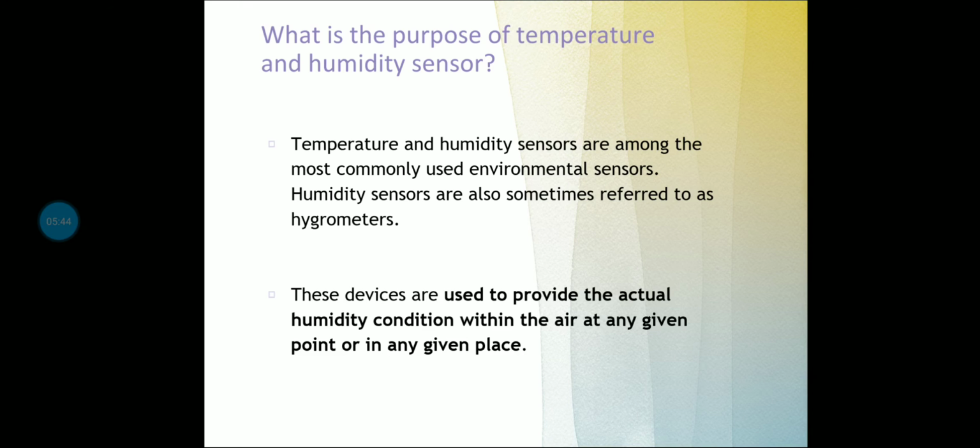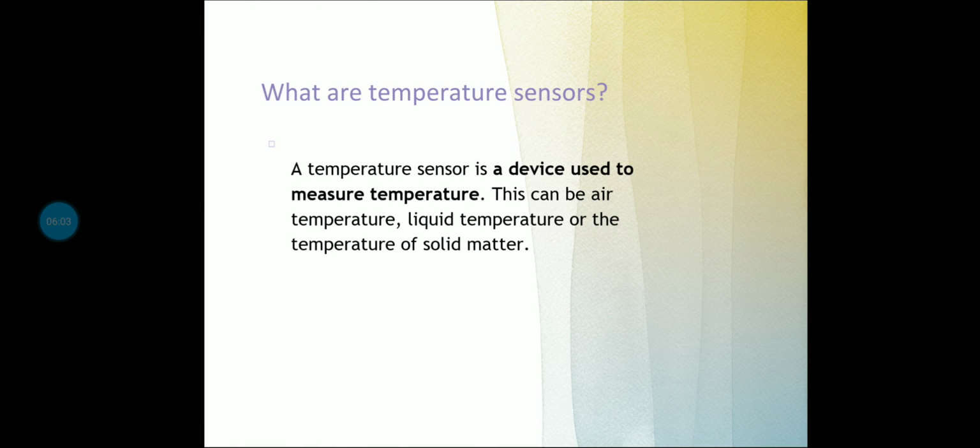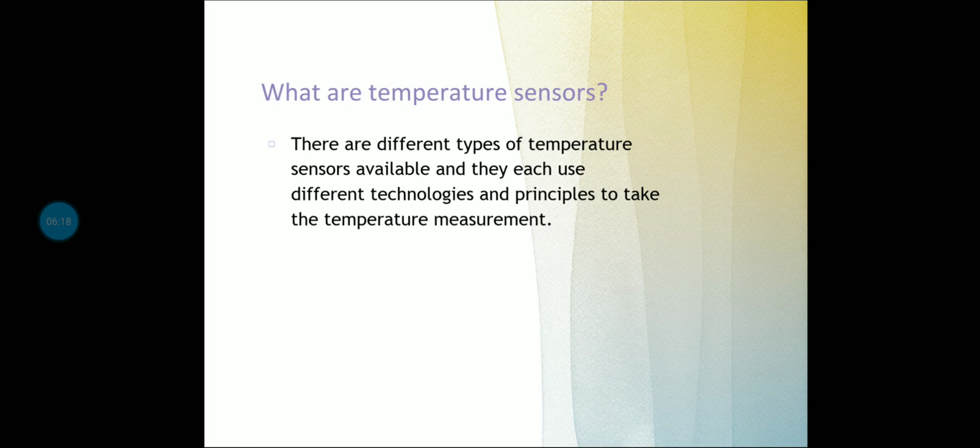What is the purpose of a temperature and humidity sensor? They are among the most commonly used environmental sensors. Humidity sensors are sometimes referred to as hygrometers, as previously told. These devices provide the actual humidity condition in the air at any given time or place. A temperature sensor is used to measure temperature, which can be air temperature, liquid temperature, or the temperature of any solid matter.